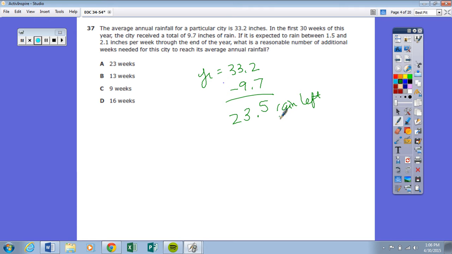So I would just take this amount that we have left and divide it by each of these two. So divide it by the 1.5 and get some number, and then do that again and divide it by the 2.1 and get some other number. Look at these two numbers. These are your weeks, so one of these is going to fall in between them, okay? And whenever you do that, I am guessing it's probably going to be the 13. That's my guess, but I'll do it with a calculator later and I will let you know.